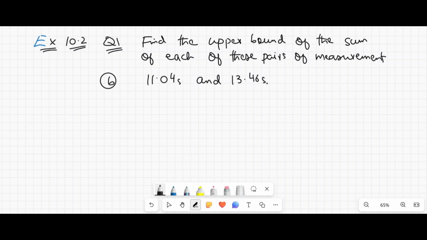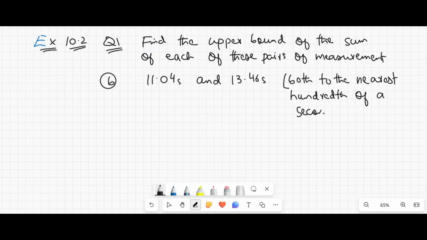Both to the nearest hundredth of a second.